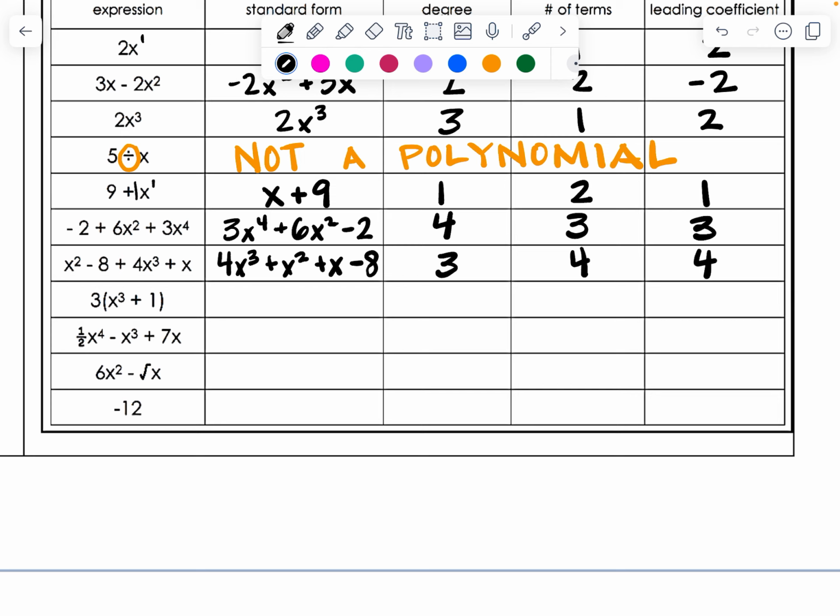Now, we can't write this in standard form with parentheses, so we'll have to distribute. 3 times x cubed is 3x cubed, and 3 times 1 is positive 3. And that's now in standard form because the highest exponent is first, and there are no parentheses. So there are 2 terms in that one. The degree is 3, and the leading coefficient is also 3.